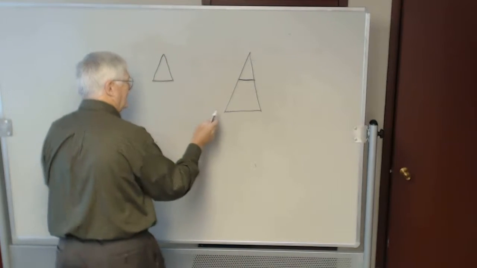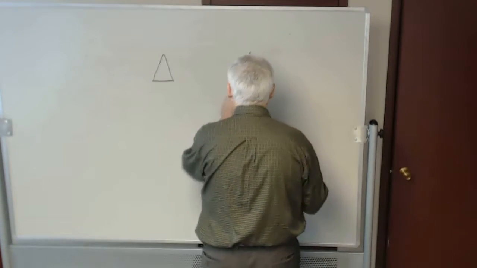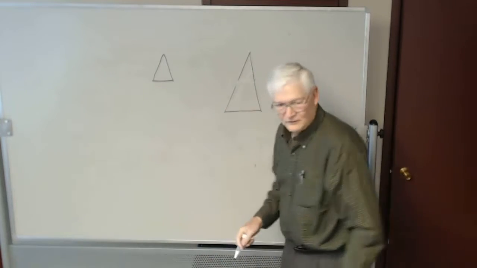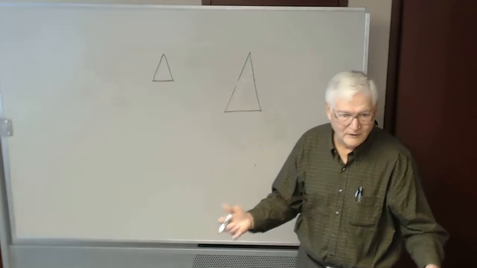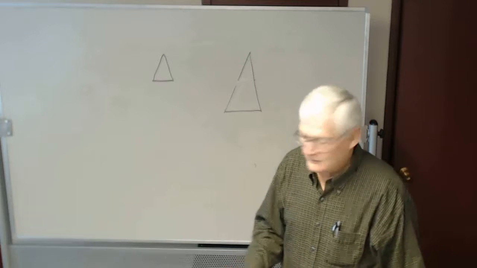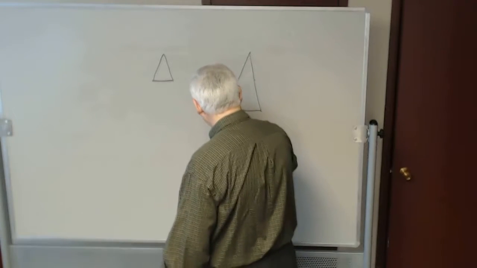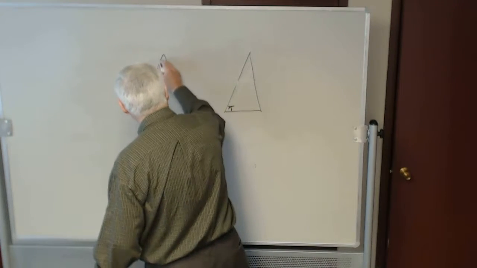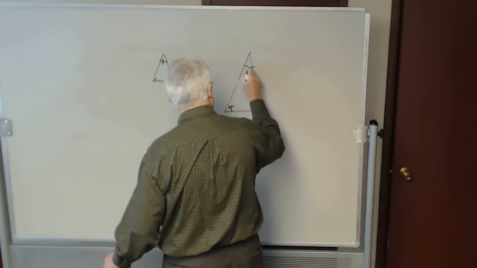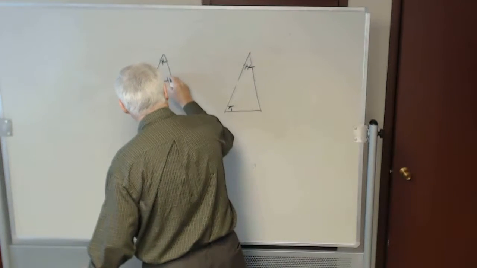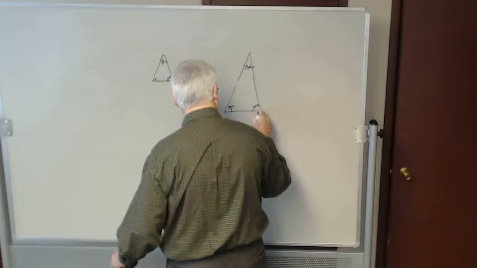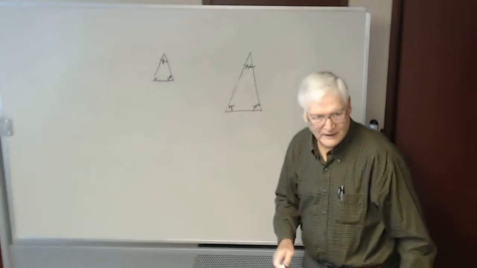And this triangle and this big triangle are proportional. I mean, they're similar. You follow me? How do I know they're similar? Because their angles are all equal, okay?